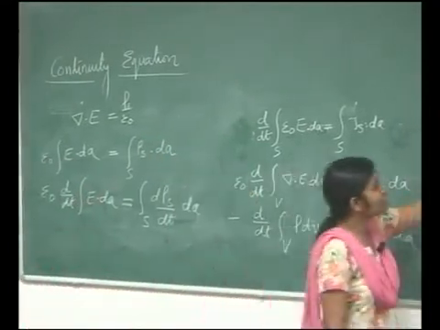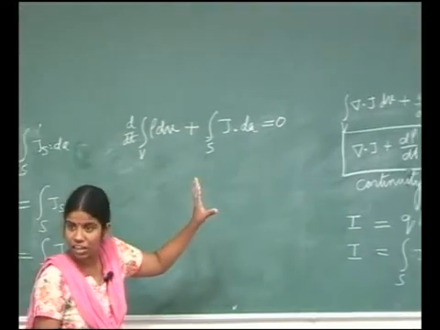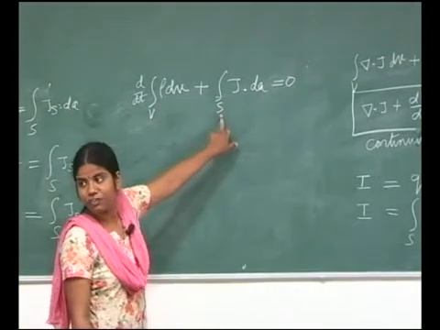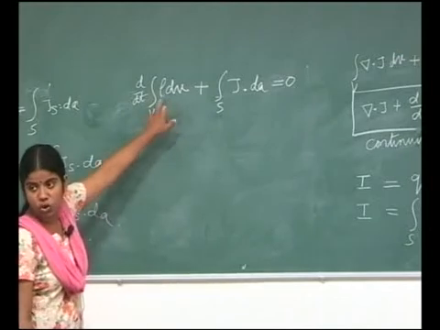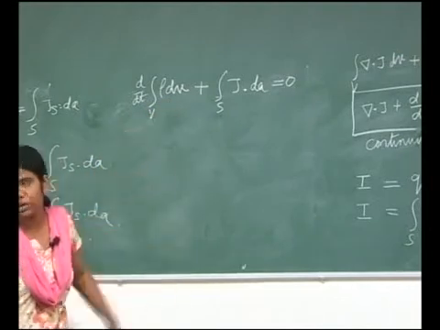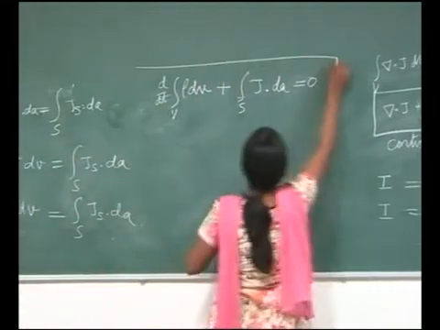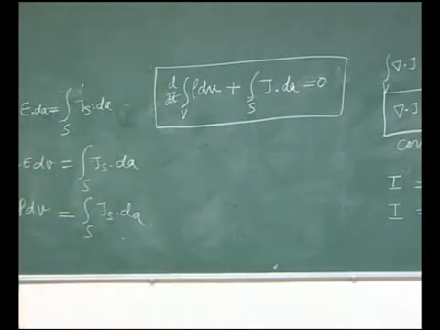It says that if the current coming out of a surface S is increasing, then the net charge enclosed in volume V is going to decrease. Okay. So, this gives a more clear picture of the relationship between the charge and the current.